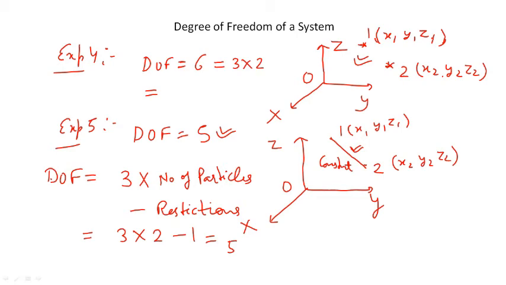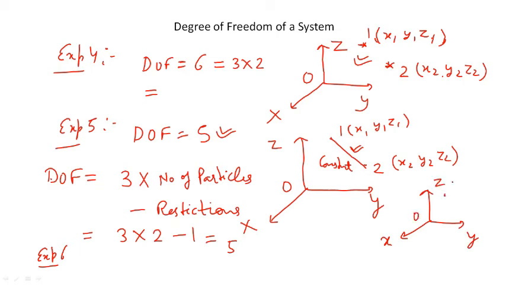Now I am taking the other example. Suppose there are 3 particles in 3-dimensional space. This is your x-axis, this is your y-axis, this is your z-axis, and this is the origin.